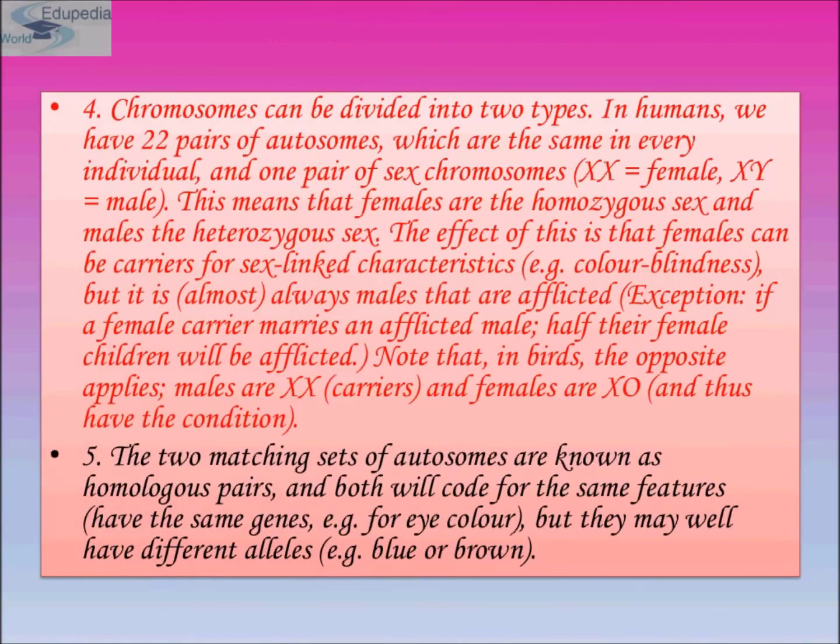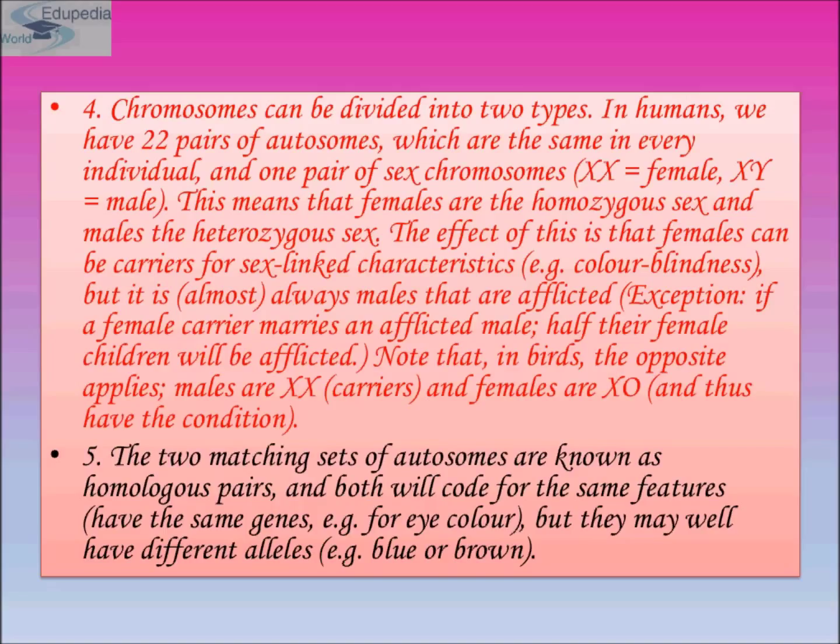Chromosomes can be divided into two types. In humans, we have 22 pairs of autosomes, which are the same in every individual, and one pair of sex chromosomes. In females, it is XX, and in males, it is XY. This means that females are the homozygous sex and the males are the heterozygous sex.